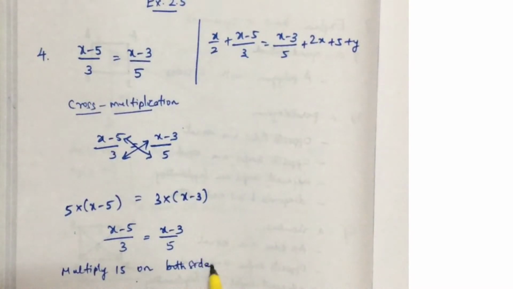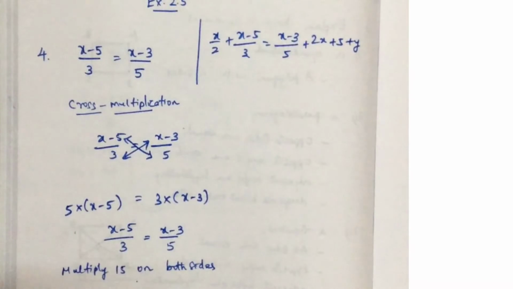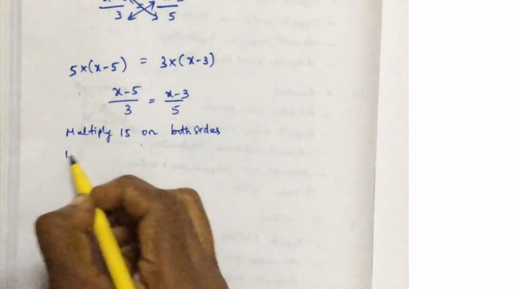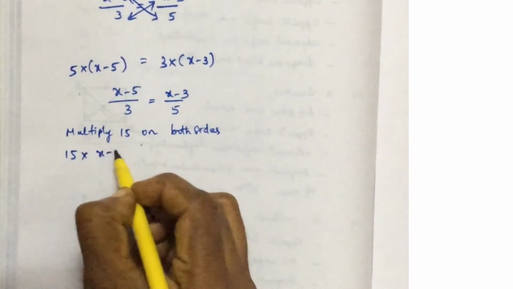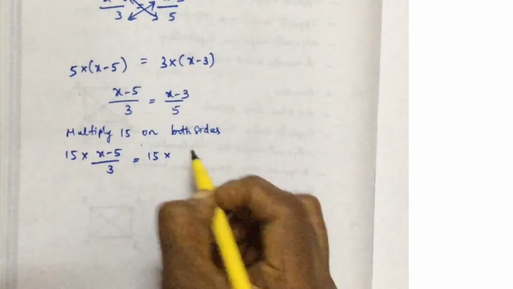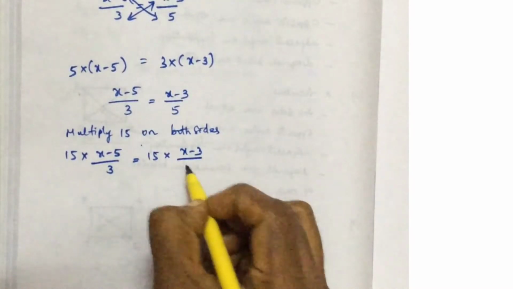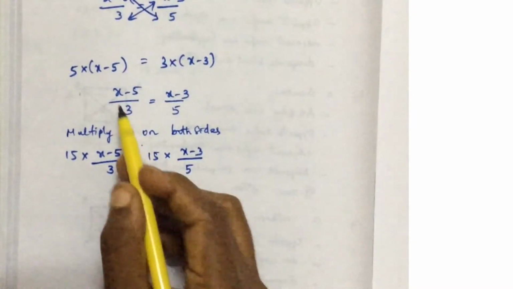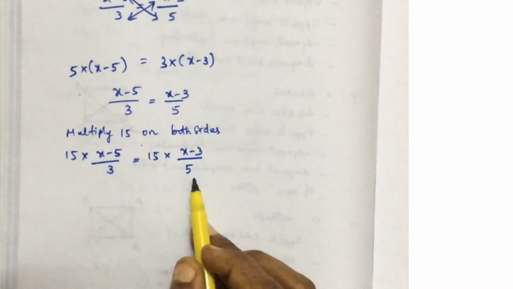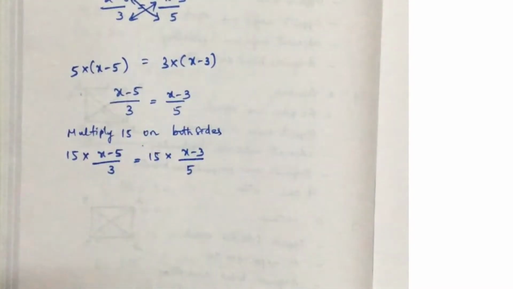How I got that 15 is simply 5 multiplied by 3 is 15. So 15 multiplied by (x − 5)/3 equals 15 multiplied by (x − 3)/5. On both sides I have multiplied 15.